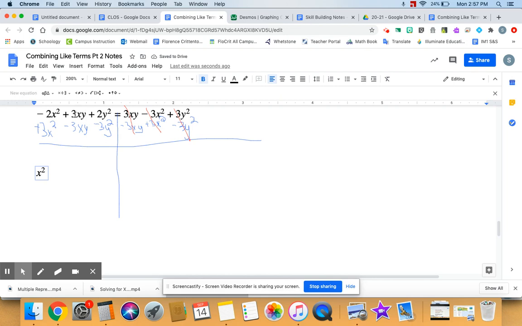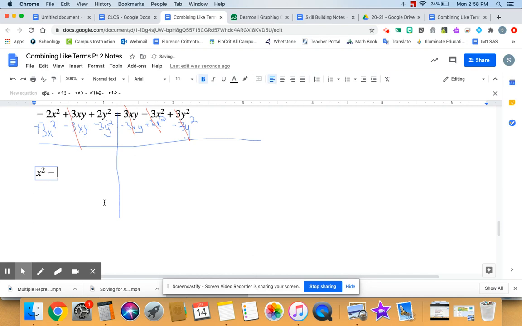Next, if I do plus 3 minus 3, what do I get? 0. These eliminate, these cancel as well. I don't have to write 0xy. I could do plus 0xy, but I don't have to because it's nothing. So why write it? Then over here, if I have 2y squareds, but then I'm minusing 3, how many do I have left?